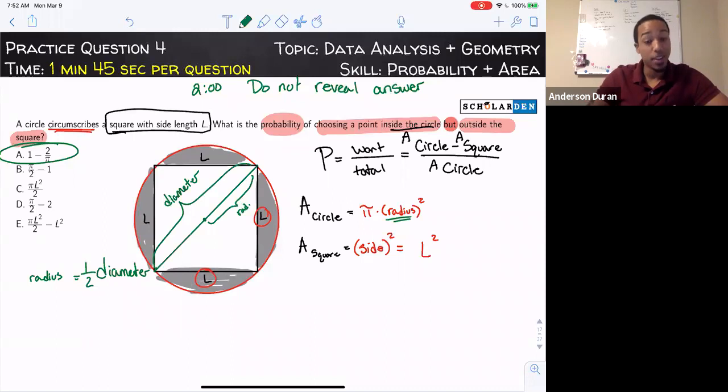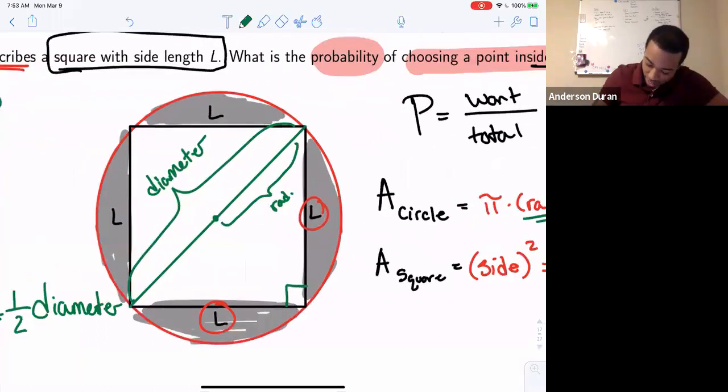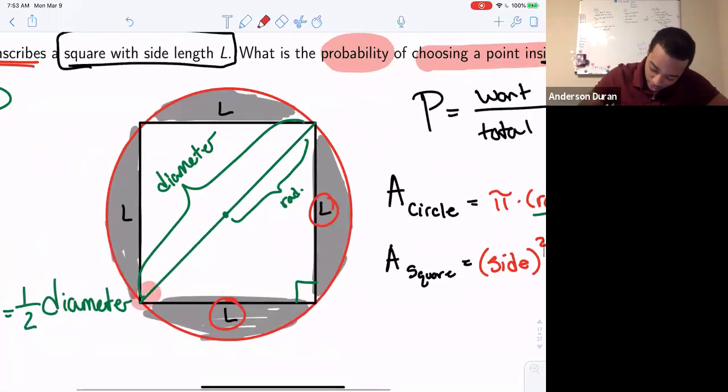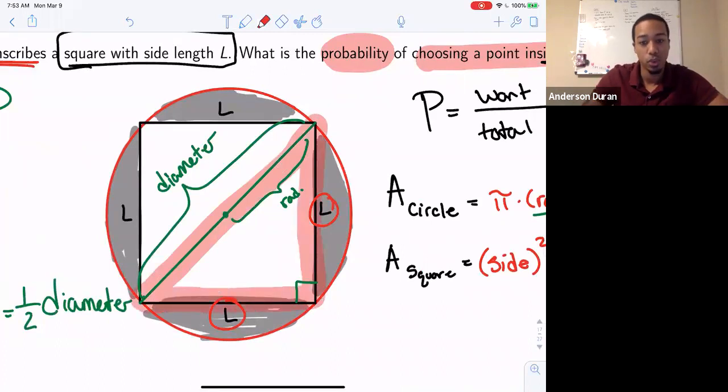So what we need to do is find the diameter. What mathematical idea can we use? Yes, the Pythagorean theorem. This is a right triangle.